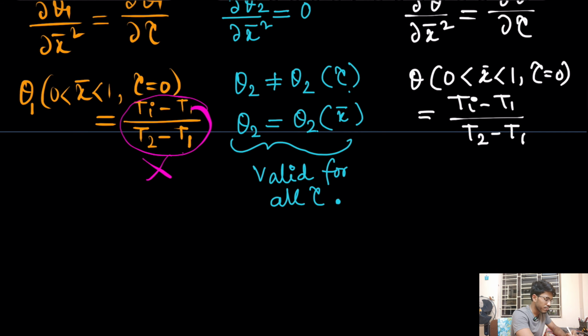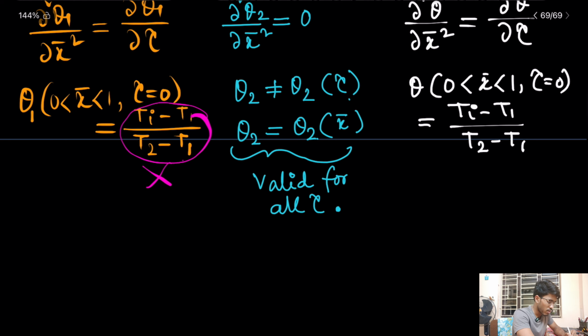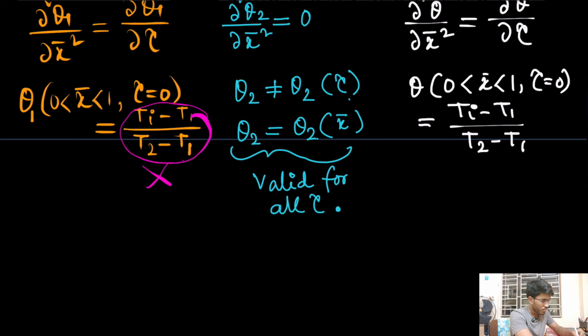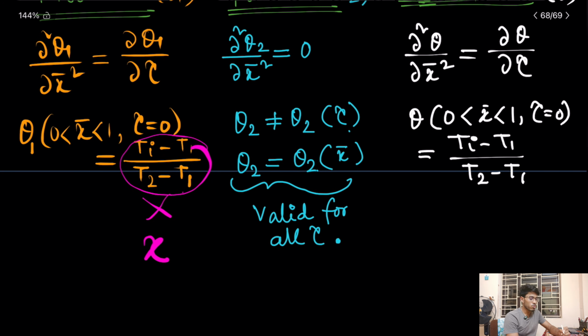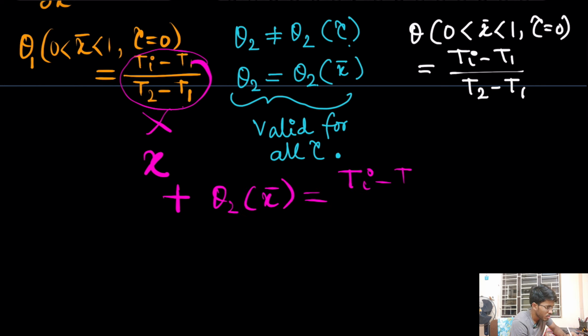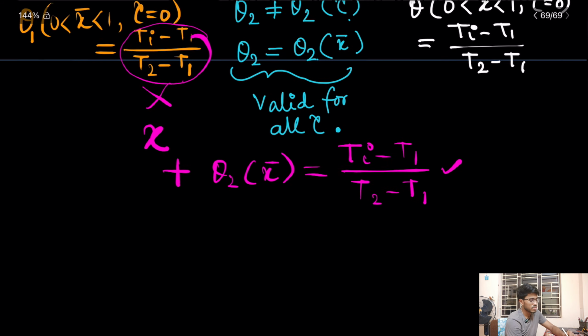And the moment I define that my theta 2 is not a function of tau, then I cannot play with this solution, right? Okay, so now if there is an x that we don't know, what should be the RHS of the initial condition of this problem 1? We don't know it, but we know that x plus theta 2 of x bar must be equal to this, correct?